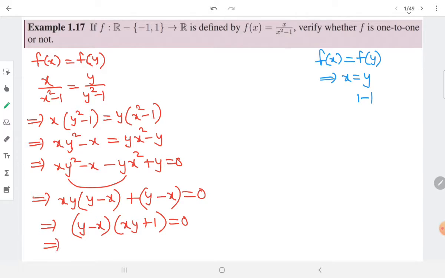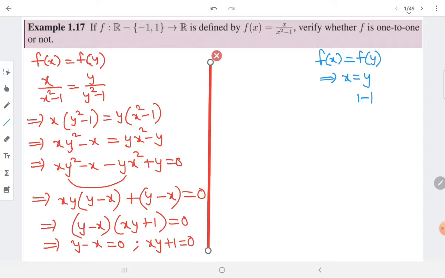Now I can equate both the terms to 0. So you get y − x = 0, as well as xy + 1 = 0. So you get y = x and the other one as xy = −1. These are the two solutions we have got.